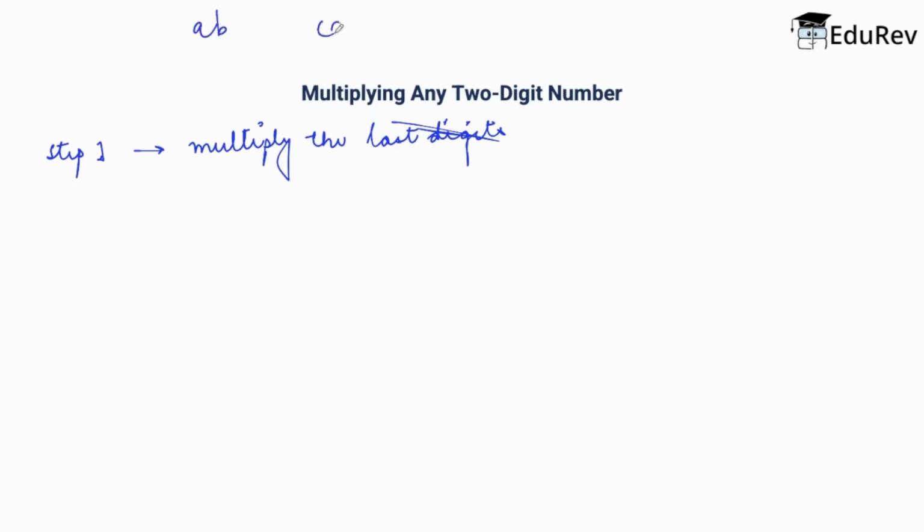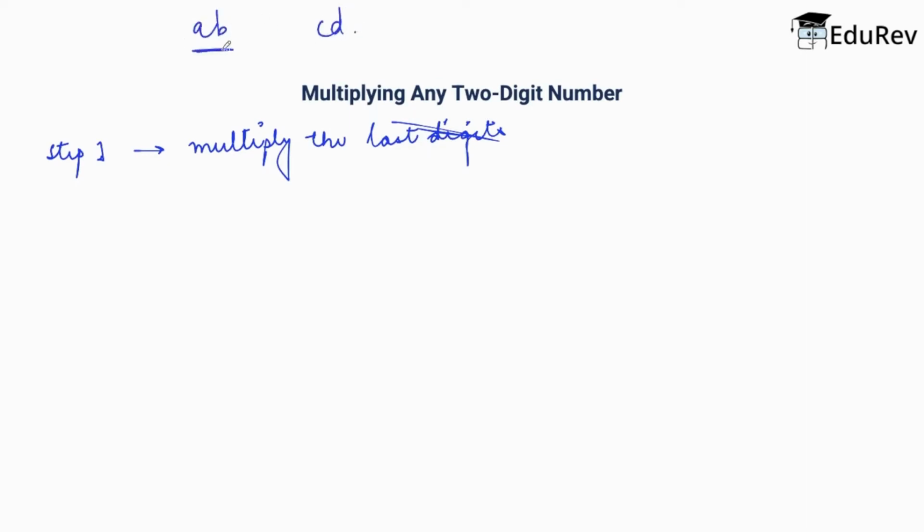So let's see how we can multiply any two two-digit numbers. Again, I'm going to write the steps and then I'm going to tell you with the help of an example. So step 1 is we need to multiply the last digits. For example, you have two numbers AB and CD.